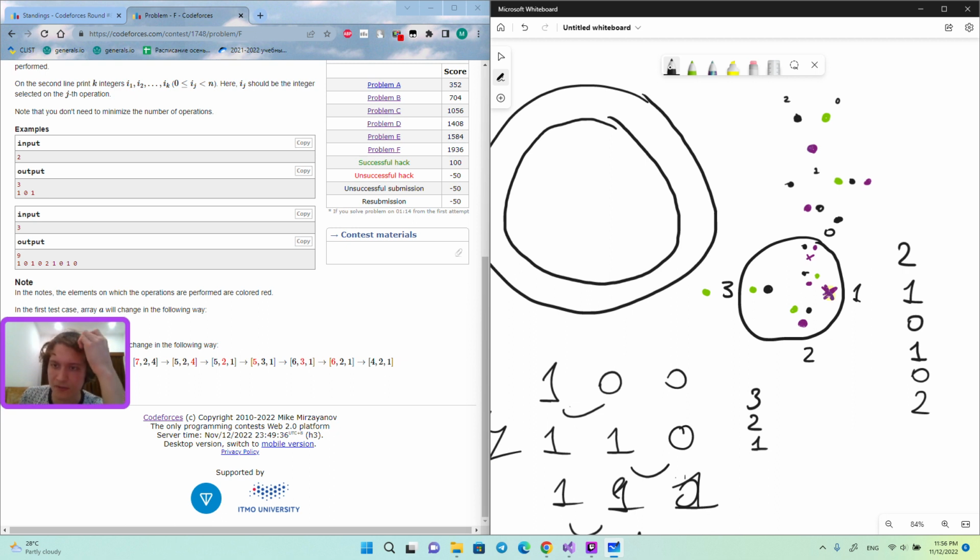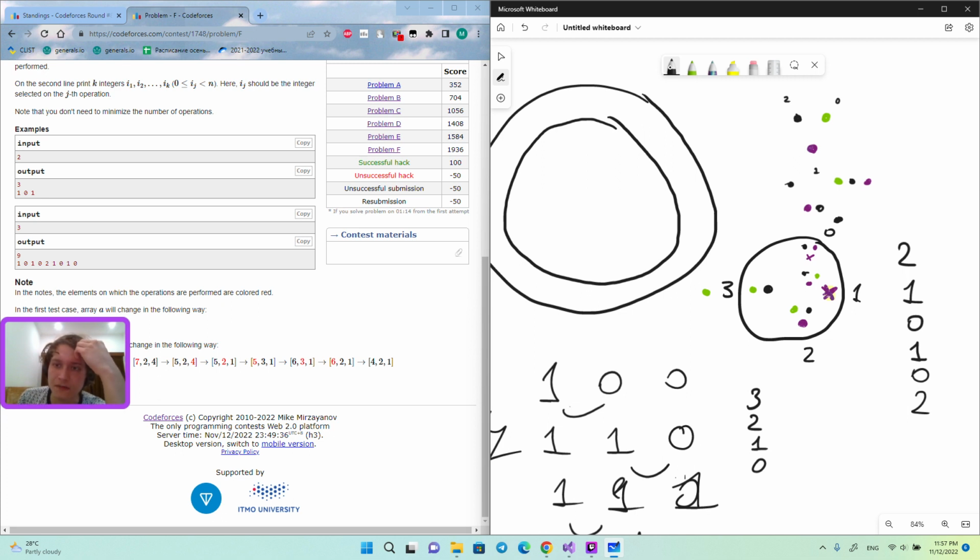The idea was to eliminate rubbish from here. Okay, now I can perform. Okay, I have done all operations with all numbers.